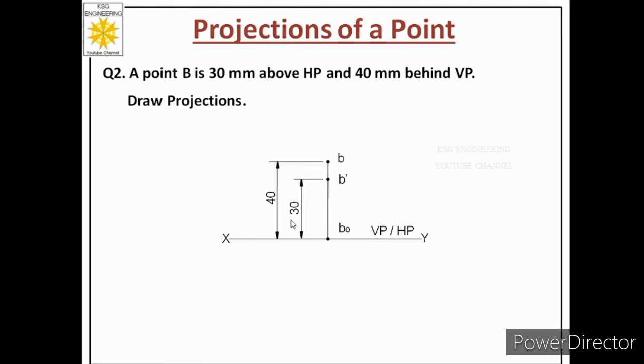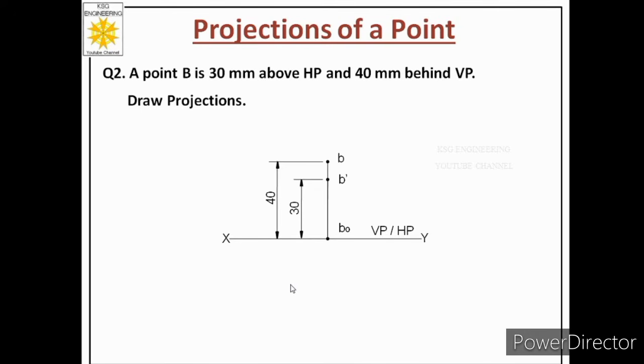Then between two dimension lines again it should be minimum 10 millimeters. And one more thing we can understand over here, that when we have to solve problems related to projections of a point, then we should keep notations on one side of the projector and dimension lines on the other side of the projector. Then our drawing will be clearer to the reader.